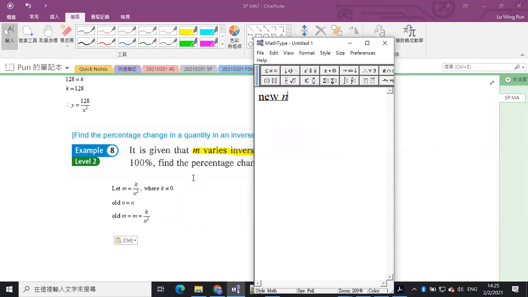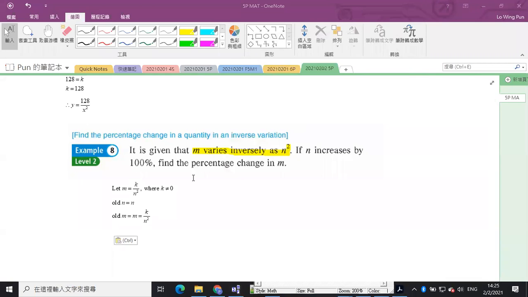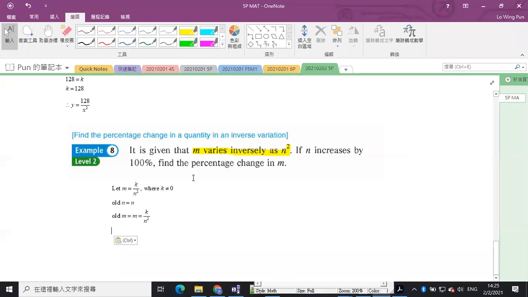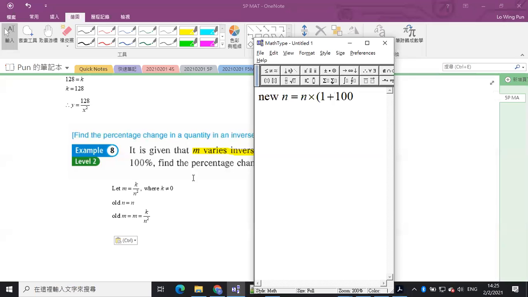New n is equal to the old n times 1 plus, because it is an increase. Increases will be 1 plus, and increases by 100% should be 1 plus 100%. So 1 plus 1 should be equal to 2n. Can you get this?